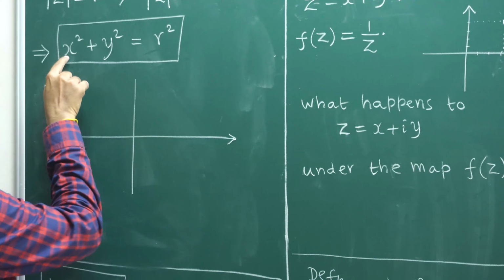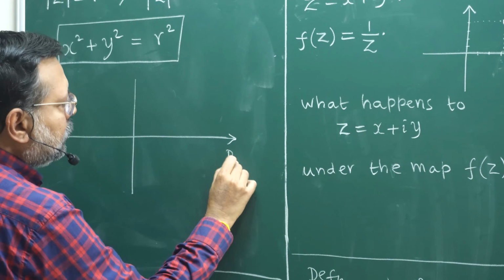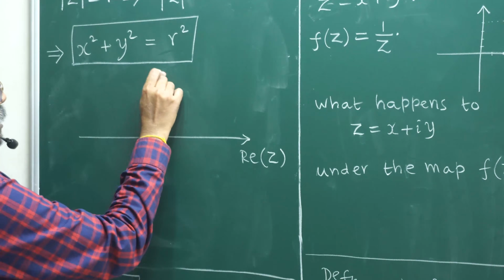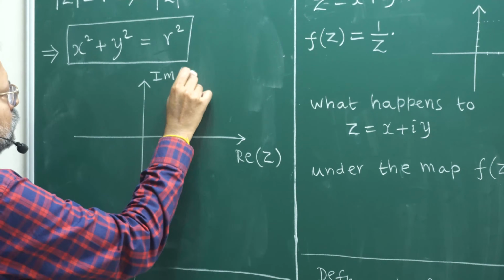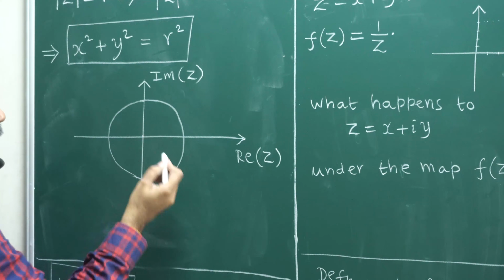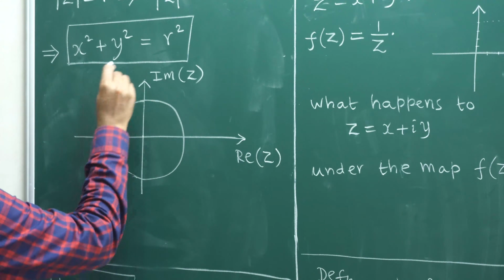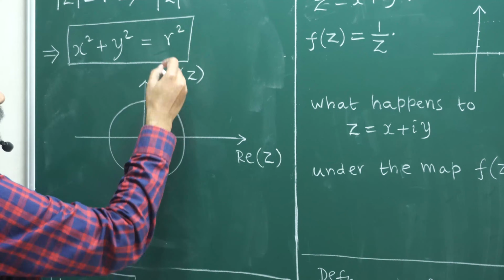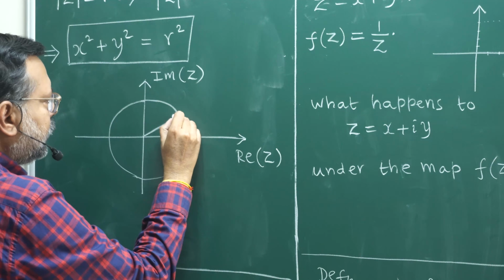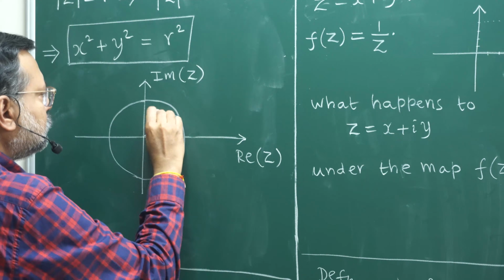And what is this x? This x is nothing but the real part of z, and y is the imaginary part of z. Once you draw the circle, the center of the circle should be the origin 0, 0, and r square is the radius square. So this radius should be equal to r.